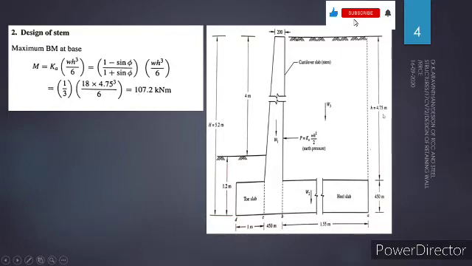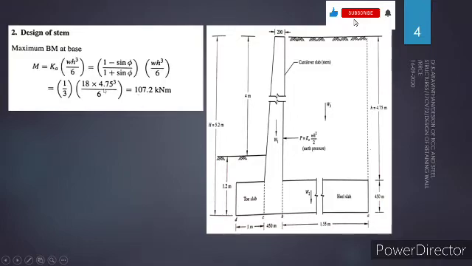Height here is 4.75, so 4.75 by 3. Hence, to find the moment you have to multiply load into distance. What is the distance here? This is h by 3. So if you multiply Ka W h square by 2 into h by 3, you will get this formula, which is known as the moment.